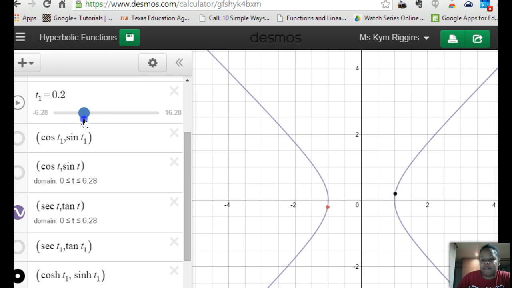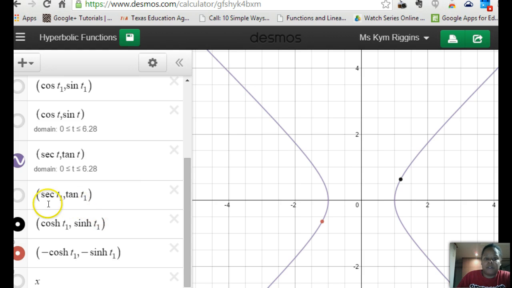So I have another way of defining a branch of the hyperbola. Instead of using secant and tangent, I can use cosh and sinh. Okay, and so it seems like that's why they named these functions.